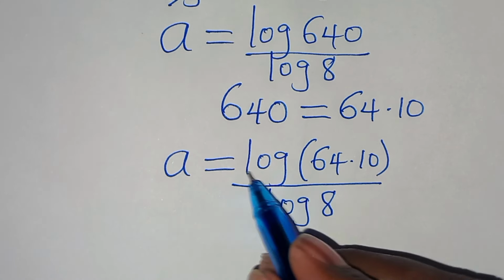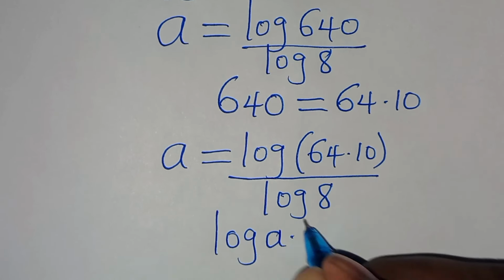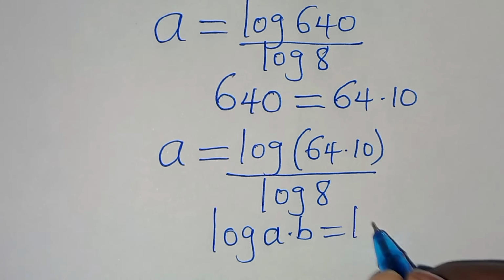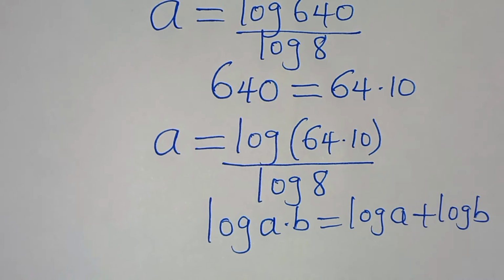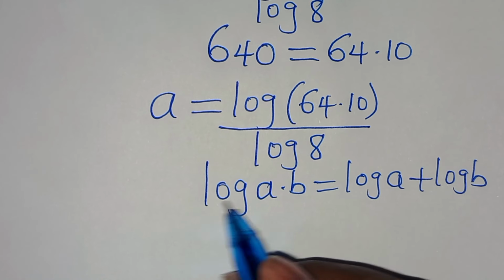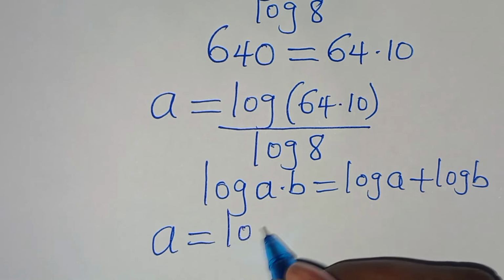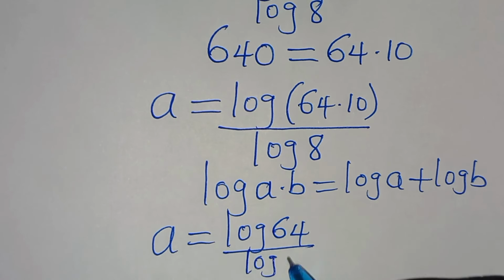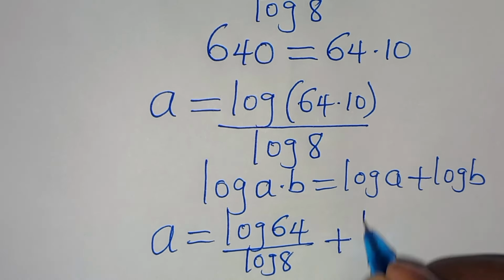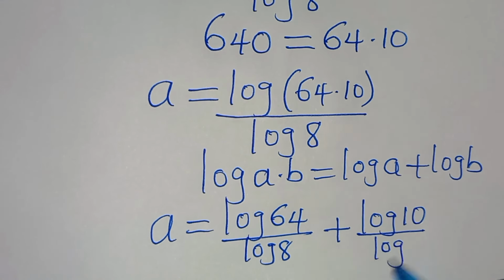The next step is that log 64 times 10 is in the form of log a multiplied by b, which we can express as log a plus log b. Applying this logarithm property, we have that a is equal to log 64 divided by log 8, then plus log 10 divided by log 8.